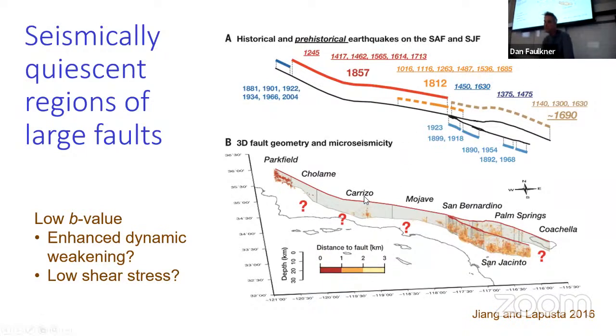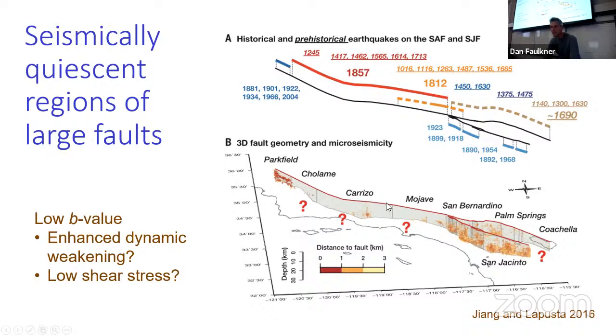One interesting thing which has puzzled seismologists for a while is the southern part of the San Andreas Fault. We've got LA somewhere around here, going up towards Parkfield, the central part of the San Andreas Fault.